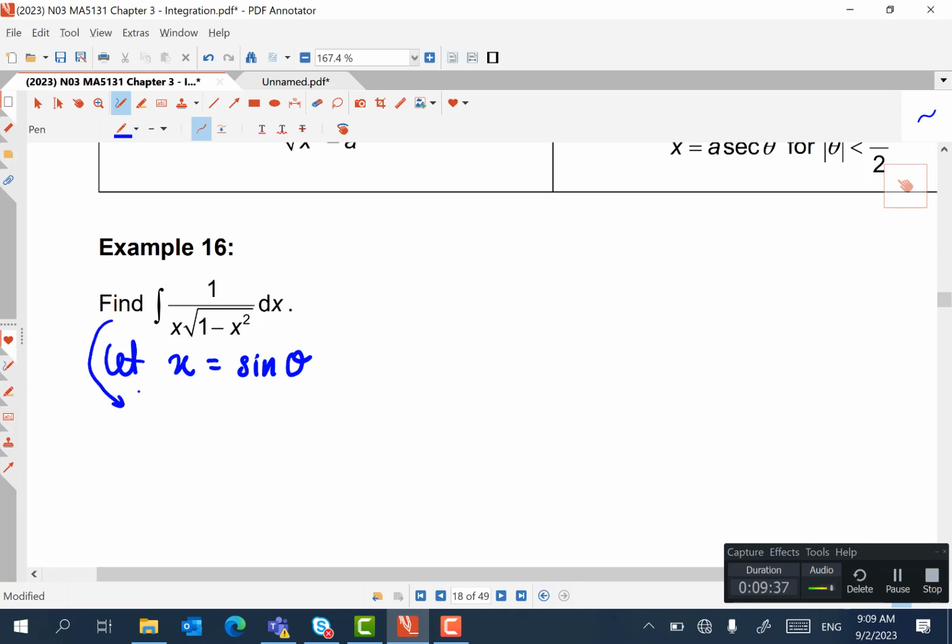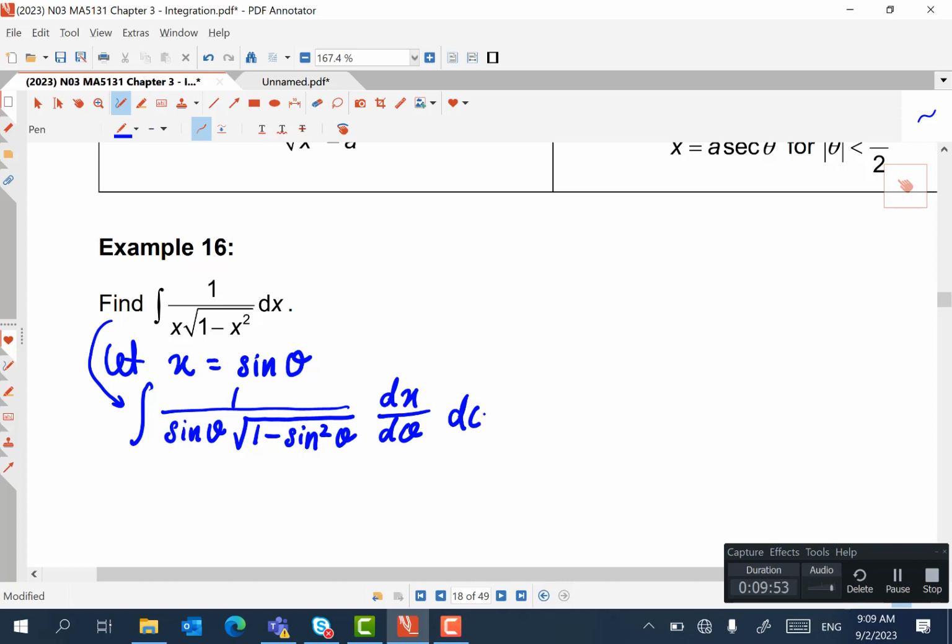So now to do this one using substitution. And then dx d theta. This becomes cosine theta.